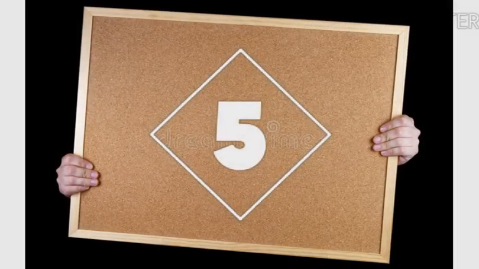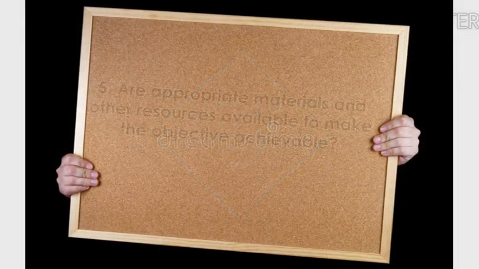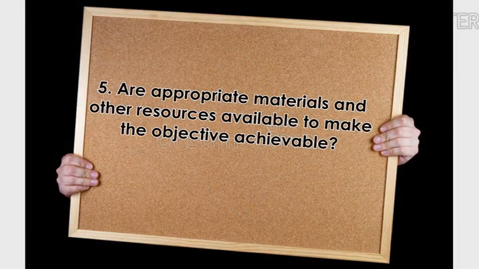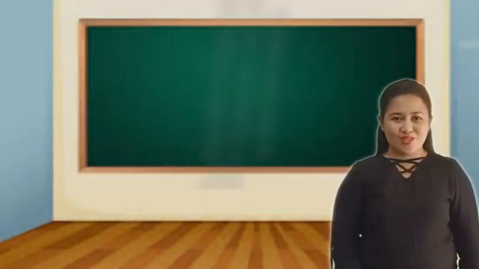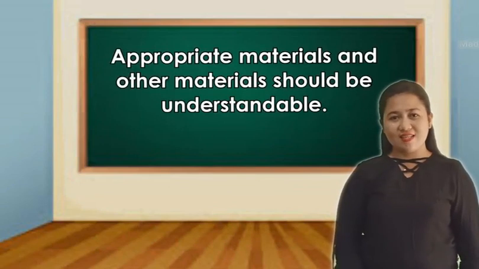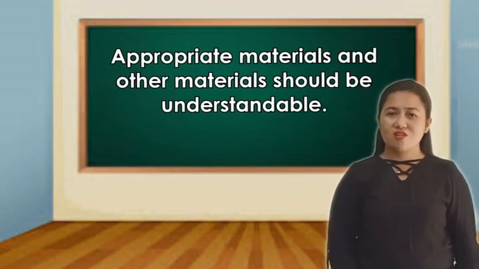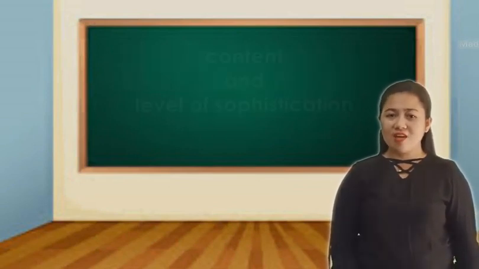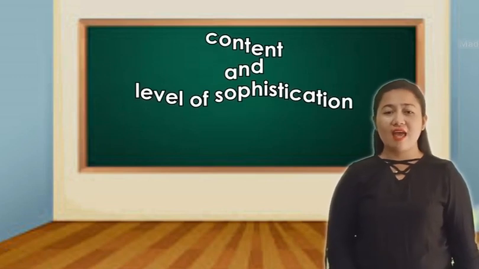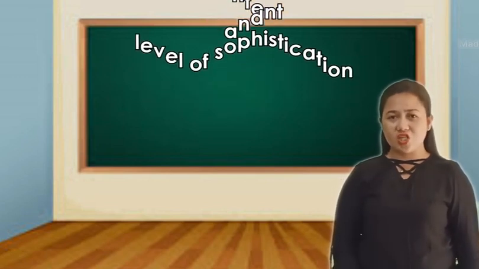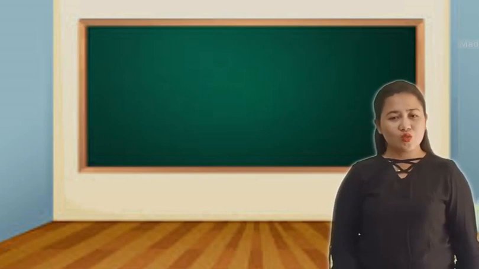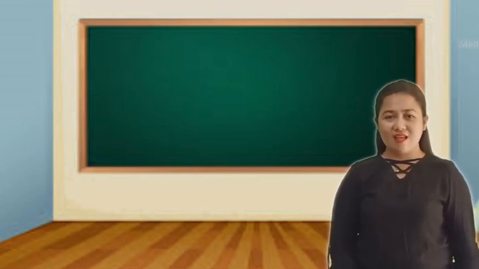Number 5 question. Are appropriate materials and other resources available to make the objective achievable? Appropriate materials and other resources should be understandable, specifically its content and level of sophistication implied, what students should understand or be able to do.